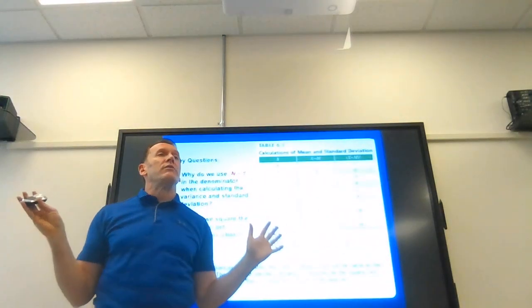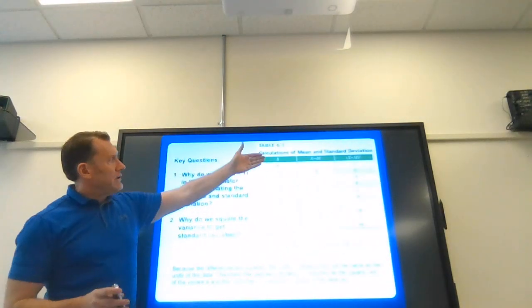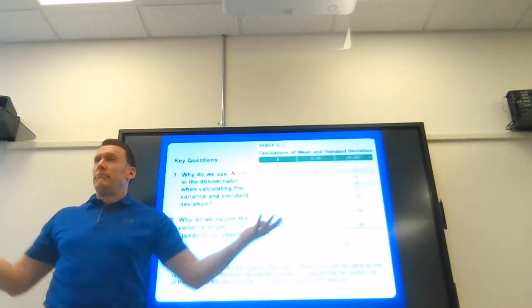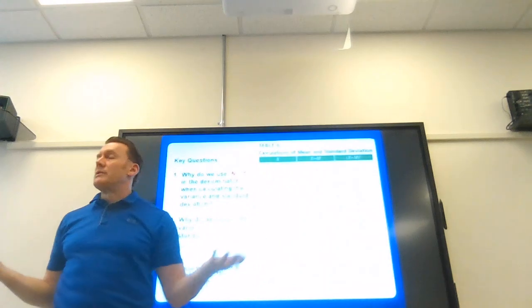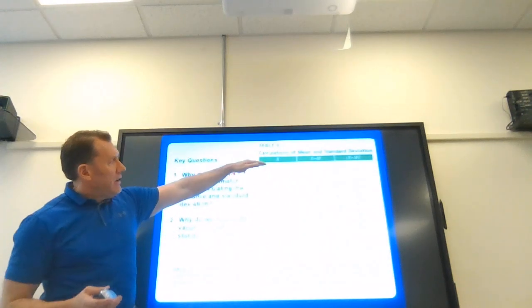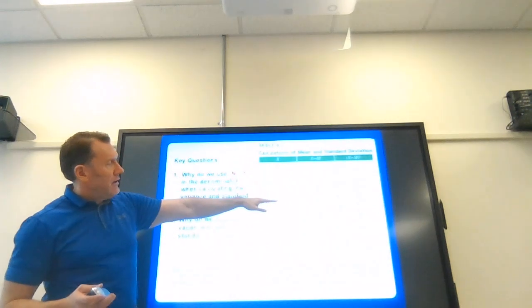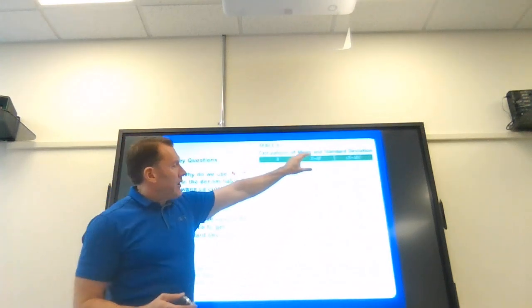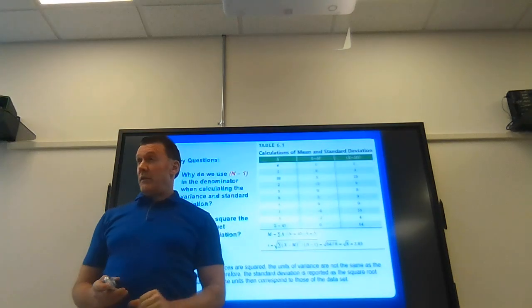Is everybody with me so far on that? This score is 5, so what's the difference between that score and the mean? There's not a difference, it's 0, it's exactly the same. Each of these scores, you're just doing that process: taking the score, subtracting the mean, and coming up with the difference.